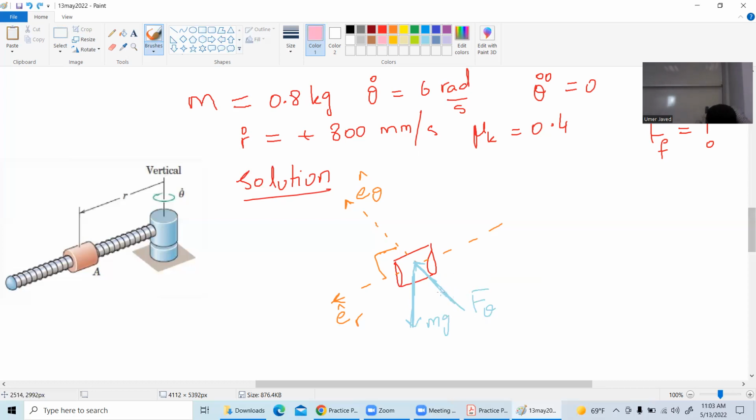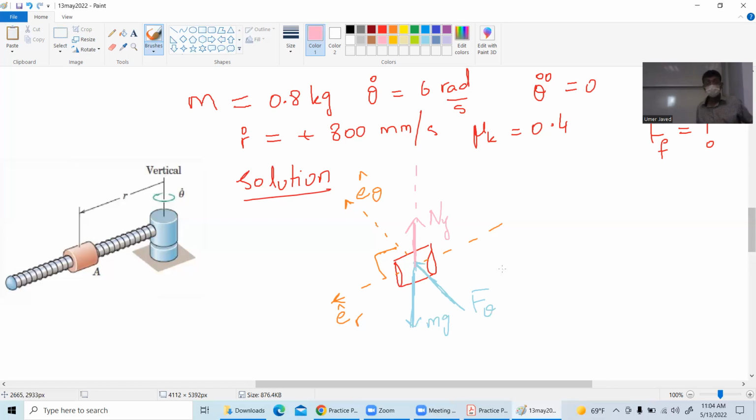What about the normal force? It will be upward, Ny. This is Y, and I don't know where my X is. What is F theta?